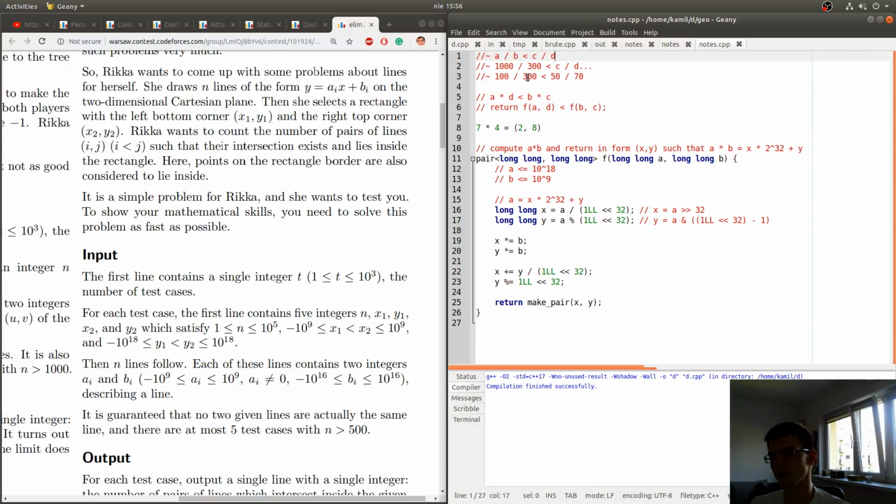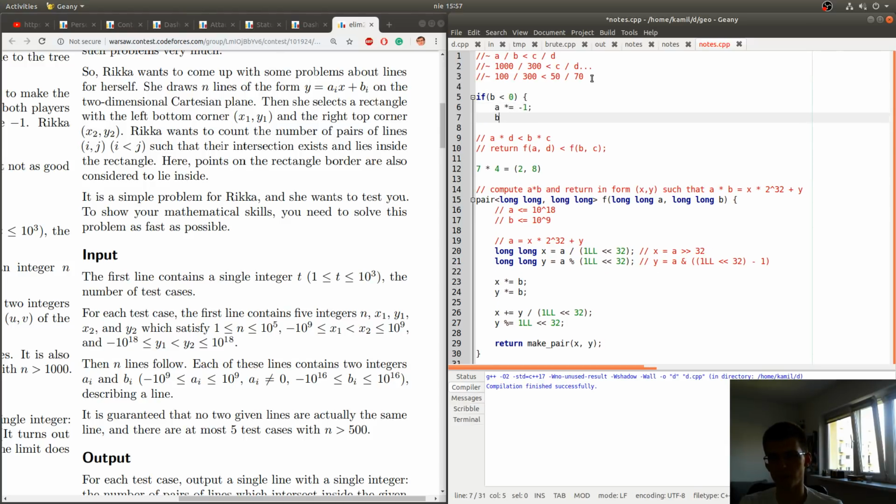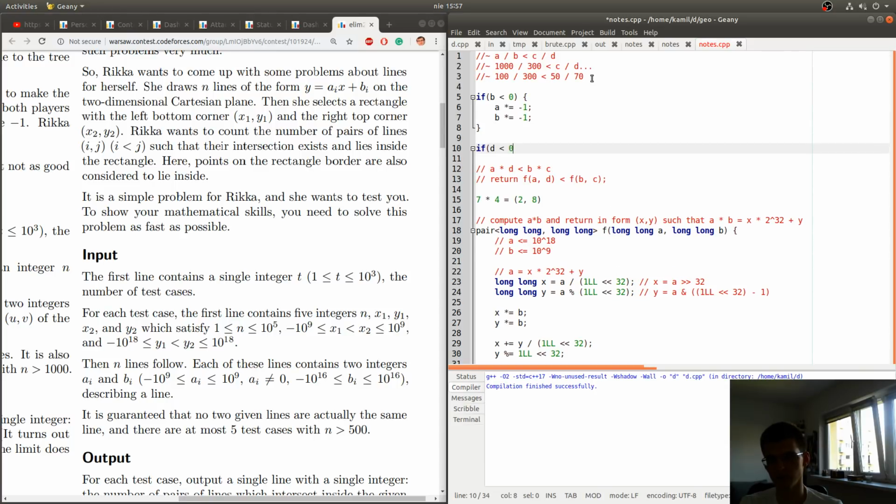So a good thing to do to make your life easier is to first do something like this. If b is smaller than 0, then multiply both a and b by -1 and do the same with d.